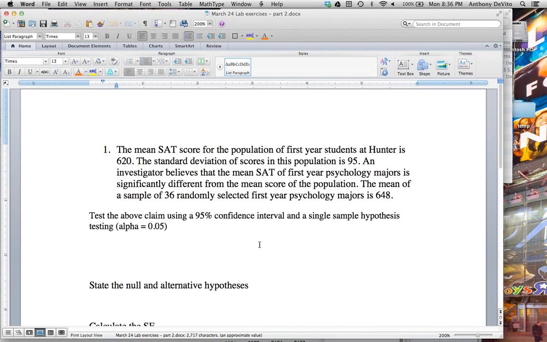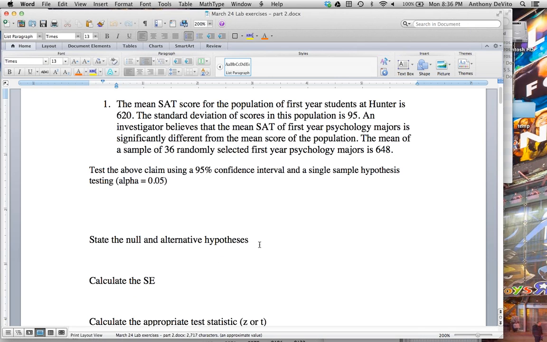Okay, let's take a look at these exercises. The mean SAT score for a population of first-year students at Hunter is 620. The standard deviation of scores in this population is 95. Am I talking about a sample or a population? It's population. Everybody at Hunter takes the SATs, so we know the true average and we know the true standard deviation.